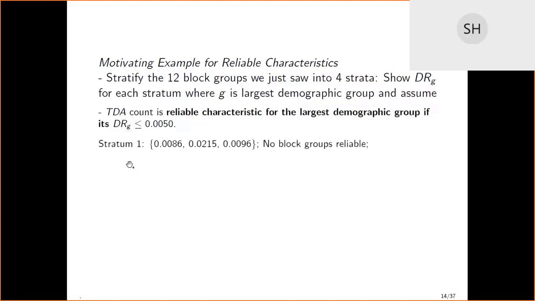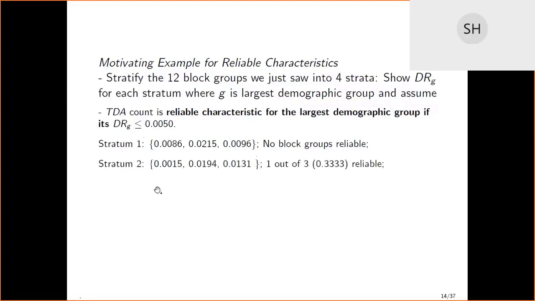So trust me that in the first stratum, if you go back and look, you'll see that these are the three values that we presented for the difference in ratios: 0.0086, 0.0215, 0.0096, and all three are larger than this criterion. So in this particular case, we would say that no block group happens to be reliable.